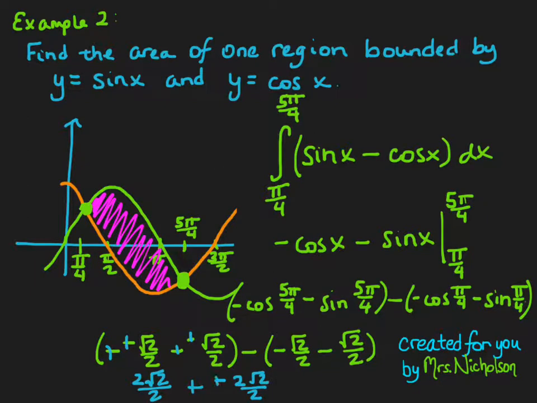Minus the negative would become plus. And actually I can cancel those 2's. So really what I end up with is square root of 2 plus square root of 2, or 2 square root of 2. And that would be the area of our region.